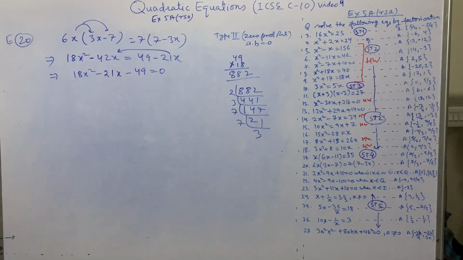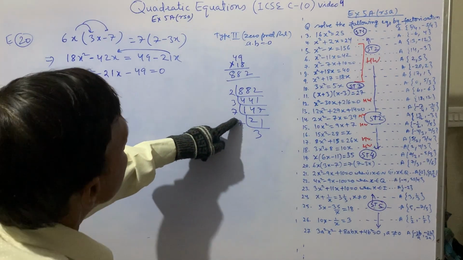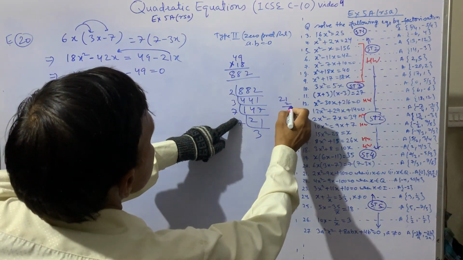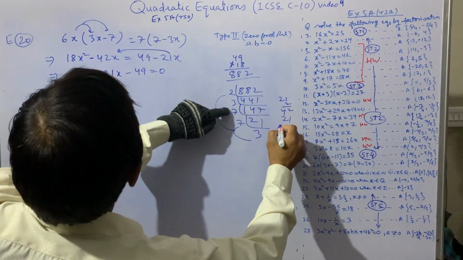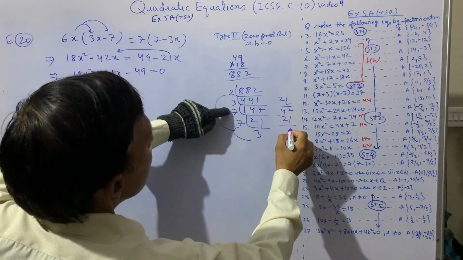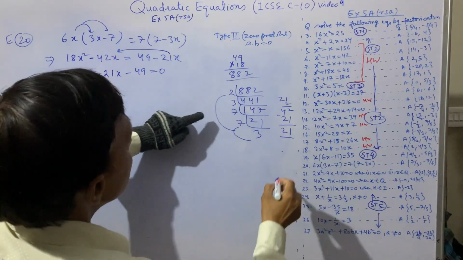So in this way, 42, 7 3 is 21, 42 came, 7 3 is 21. So we are getting 21, isn't it?